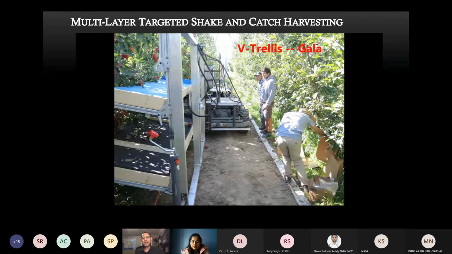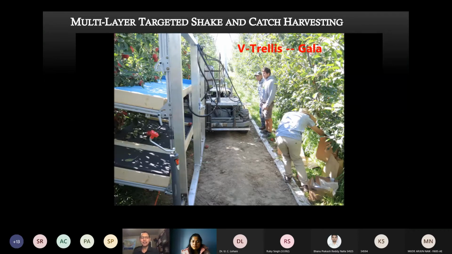But for some of these varieties, this machine shows to be a really promising system compared to even robotic picking, because the harvesting efficiency, or let's say the throughput, of this machine will be much higher than a robotic system, and it could be a much cheaper solution for growers compared to a robotic picking machine.